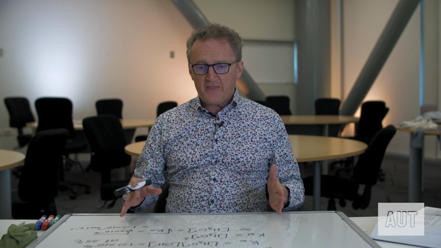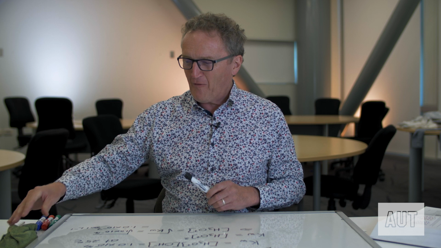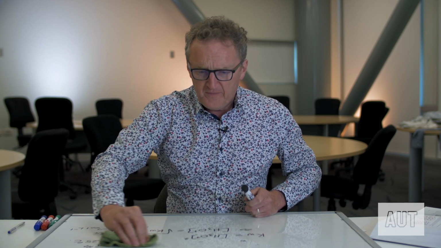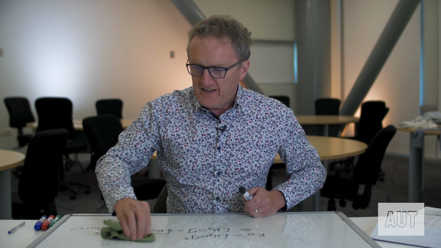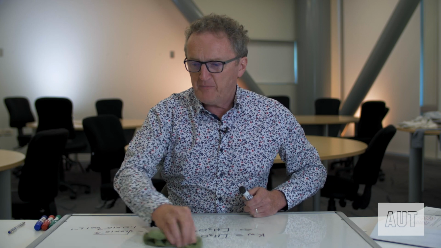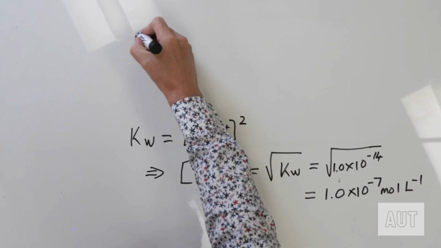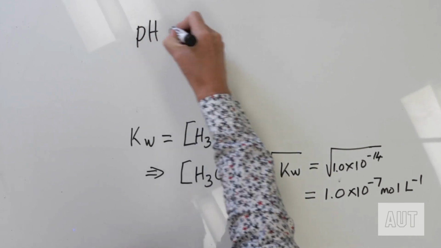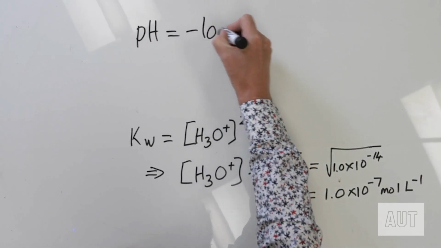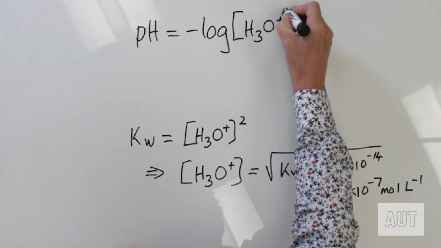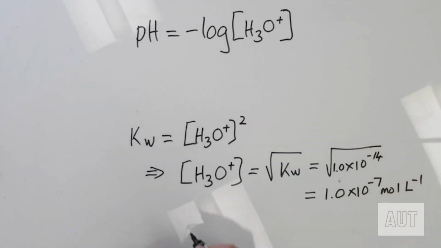So let's get around that by taking the negative log of the H3O plus concentration, and we are going to call it a special name. We're going to call it pH. pH is equal to the negative log to the base 10 of the H3O plus concentration.